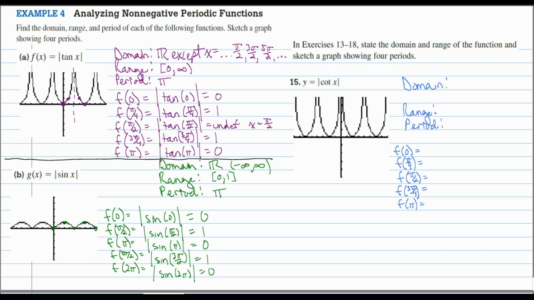Now the try problem is number 15, cotangent. Cotangent is the reciprocal of all of our tangent values. So I'm going to skip over plugging in some values, and I'm just going to use the reciprocal. Since f of 0 for tangent was 0, f of 0 for cotangent is going to be 1 over 0, or undefined.